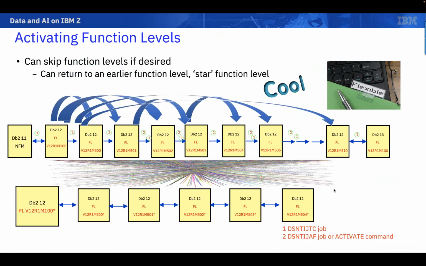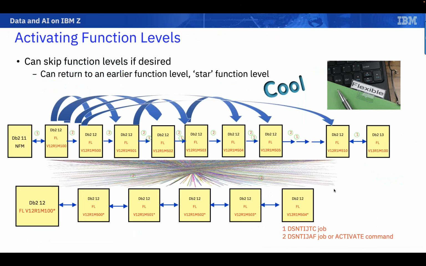Between 505 and 510, I just have a few arrows there, but that's from 506 to 509 in that range. Now, the blue arrows up above give you an indication of how you can move forward. It's not every possibility that you have, but you can go from 100 to either 500 or 501. But then from 500 or 501, you can go to any function level greater than that, assuming you have on the proper catalog maintenance.